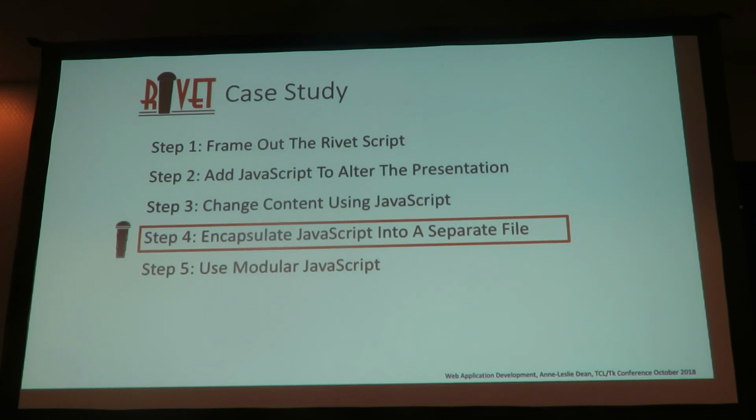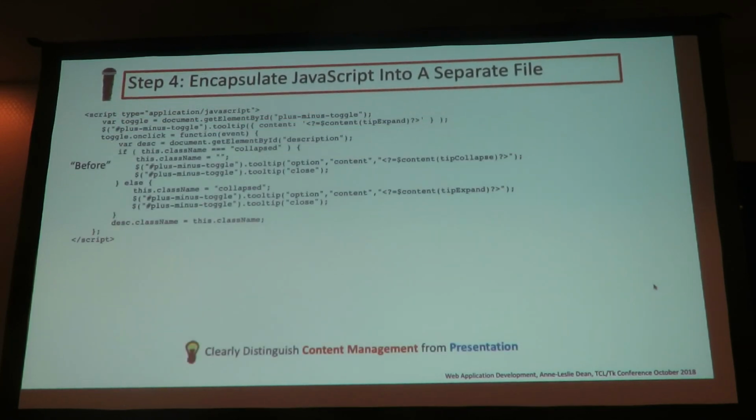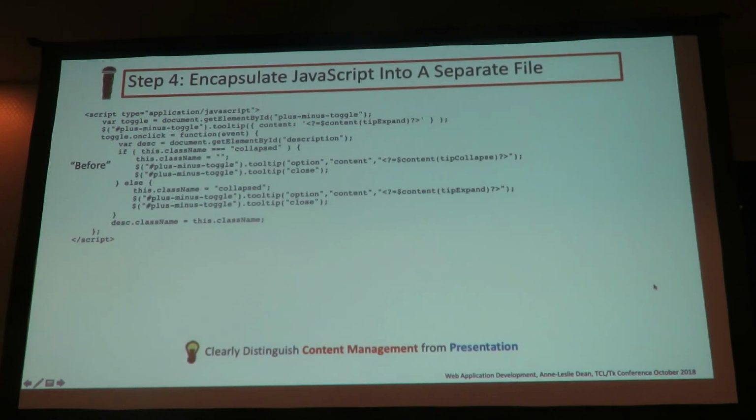But if you recall, this JavaScript is getting more and more complicated looking. And it's pretty typical and actually best practice as your JavaScript grows to not render it in the HTML document, but put it into a separate JavaScript file, which creates problems.